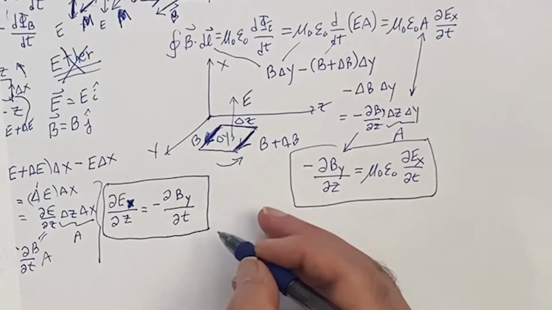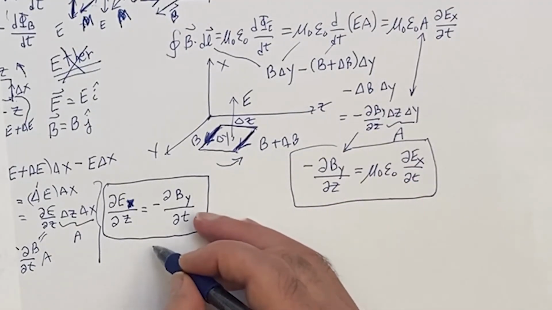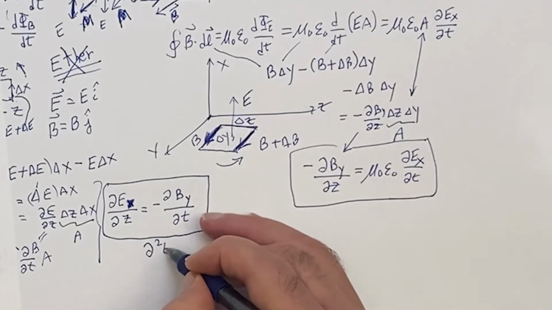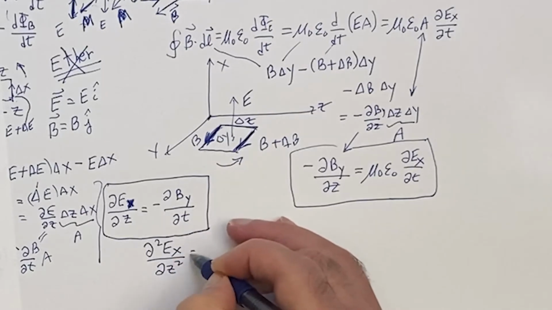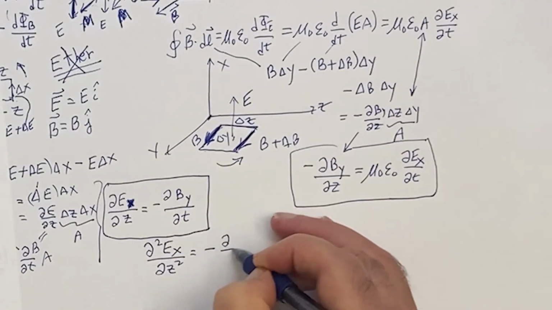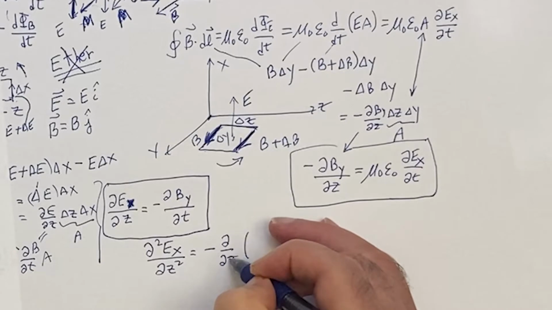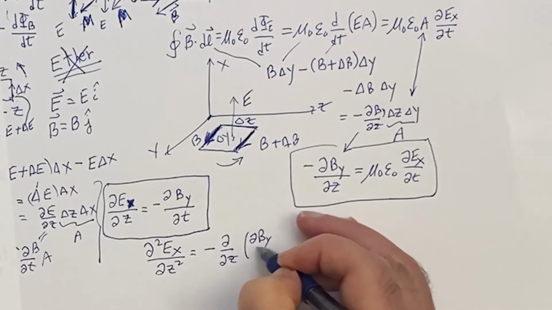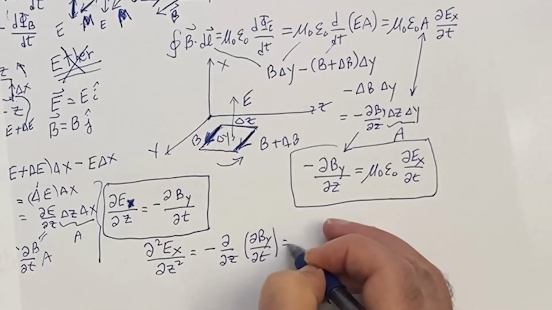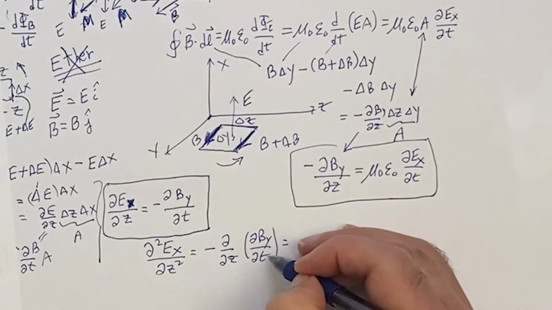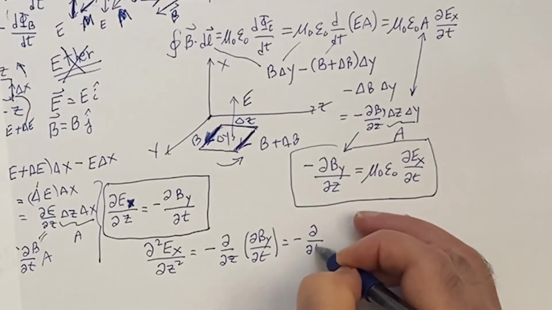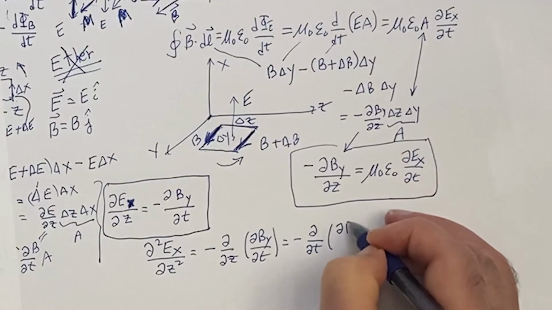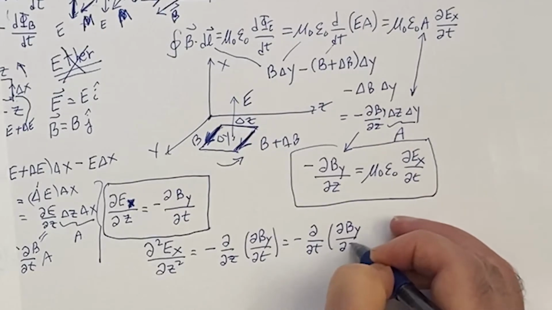That they're electromagnetic waves. So if you take the second derivative of Ex with respect to z, this will be d/dz of the dBy/dt. The partial derivatives x, y, z, t are all independent coordinates, so we're going to flip these and do the z derivative first.